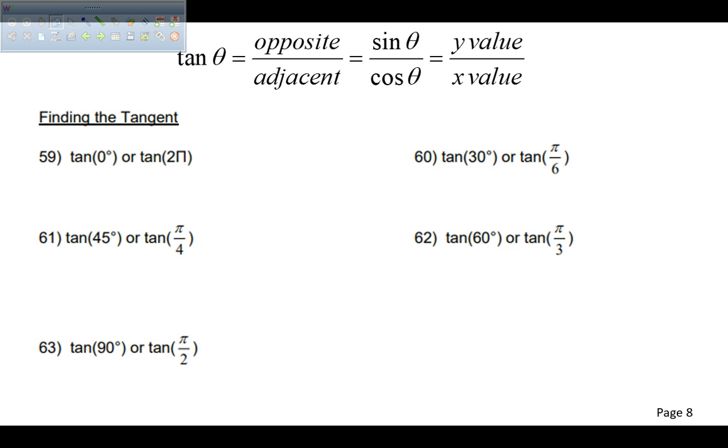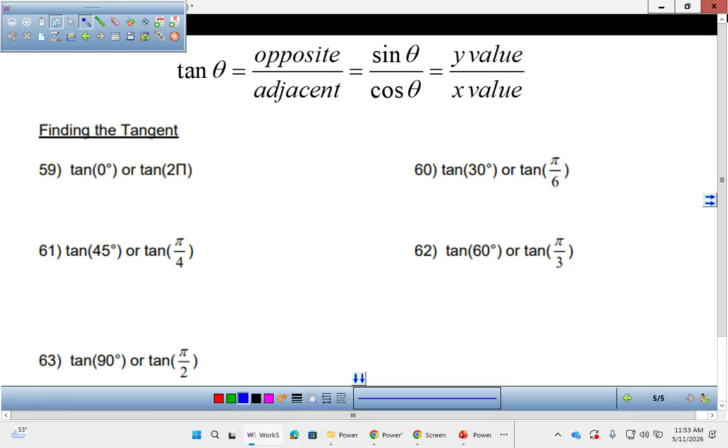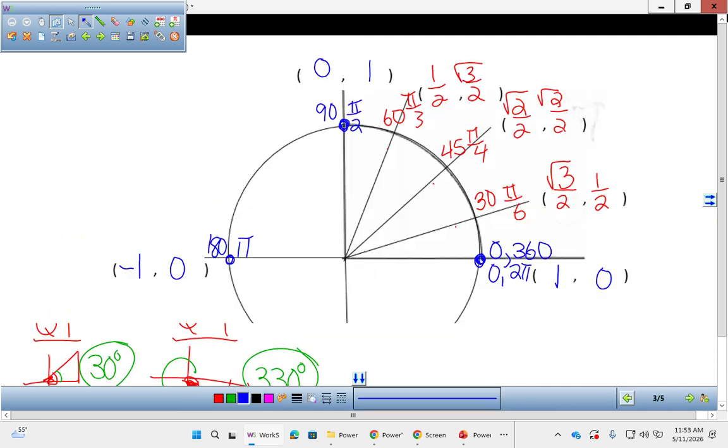So if I were to find the tangent of 0 degrees or the tangent of 2 pi, they're the same thing, right? 0 degrees and 360 are the same thing. So 0 pi and 2 pi are the same thing. So if I want to find the tangent here, I have to think about what the coordinate point is here. I'm going to go back to my unit circle that we filled out earlier.